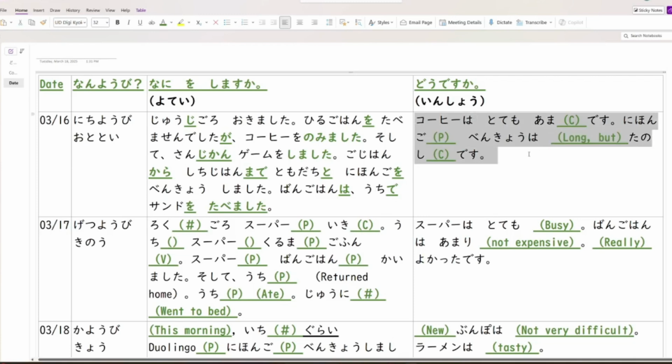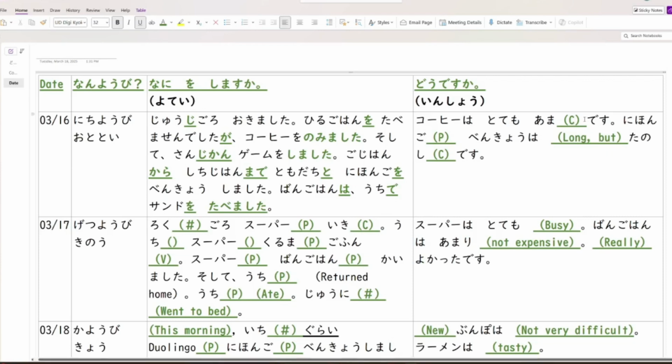We'll move on to the insho, or the impression category. Okay. コーヒーはとても ama, and C was for conjugation. I remember we talked about sweet, and then there was another word.